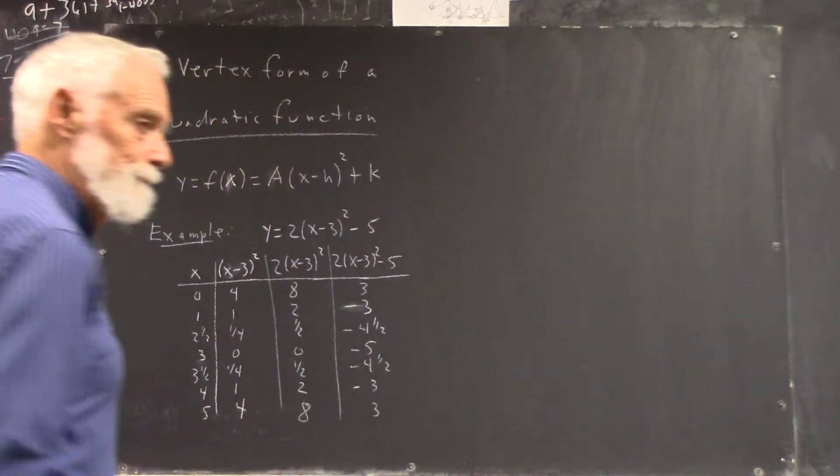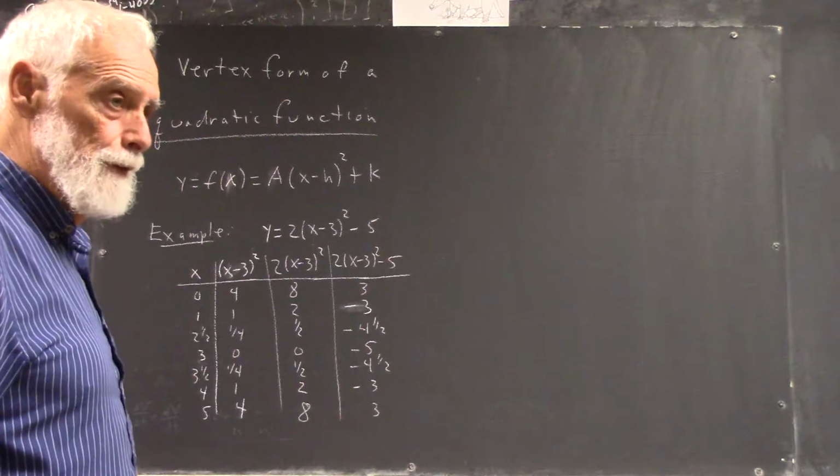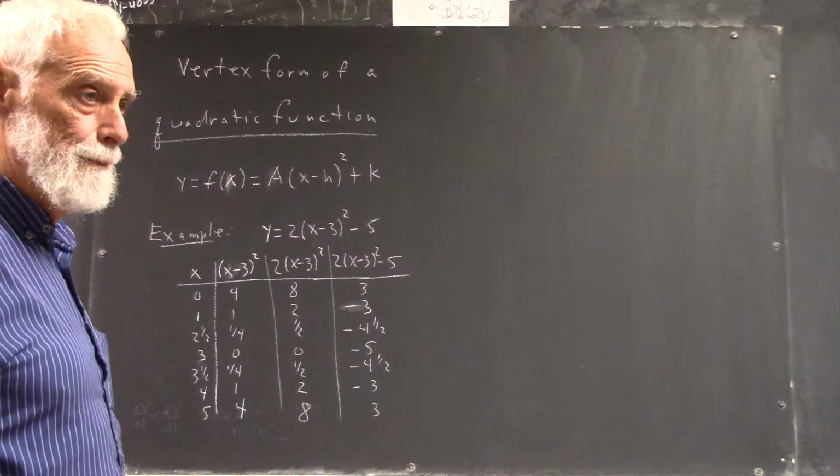We're just taking these numbers down 5 units. That makes sense?